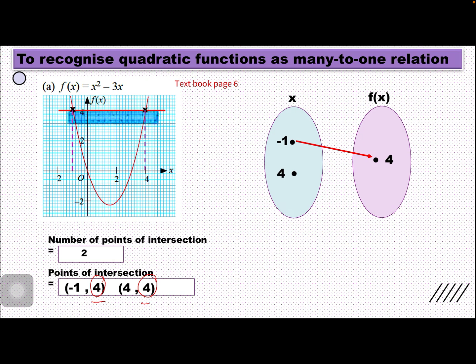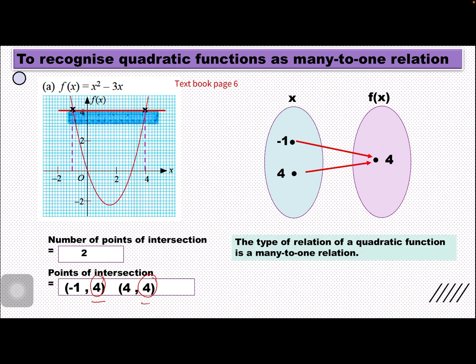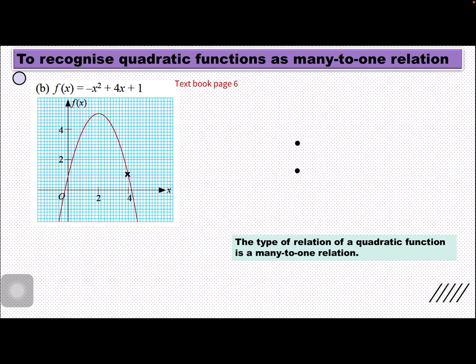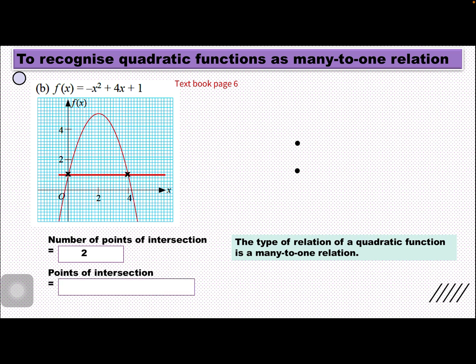Negative 1 is mapped to 4, or the value for f(x) is 4, and 4 also is mapped to, or equals, 4. The type of relation of a quadratic function is what we call a many-to-one relation. Next one. If I have another line and I draw it on the graph, you can see that there are 2 points of intersection. So you have to read it.